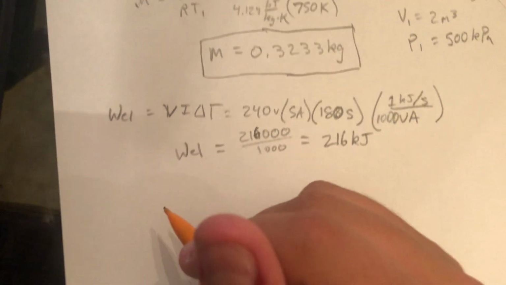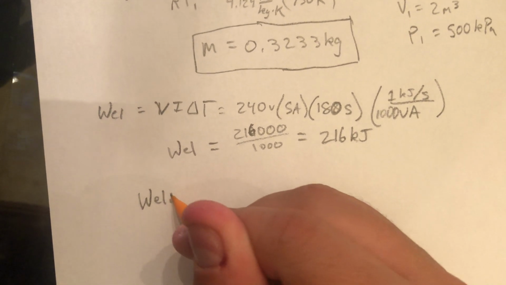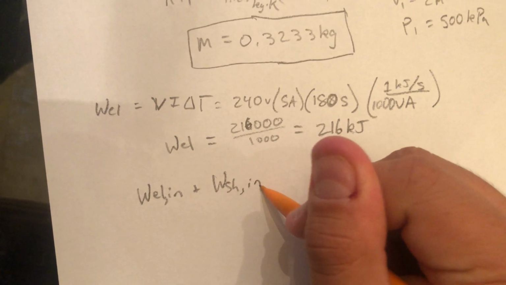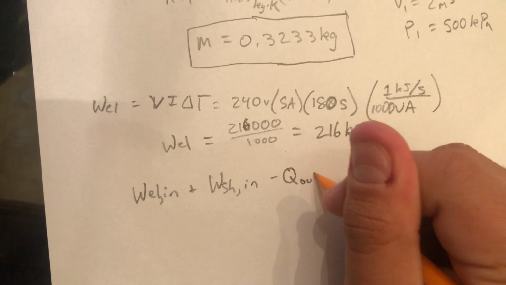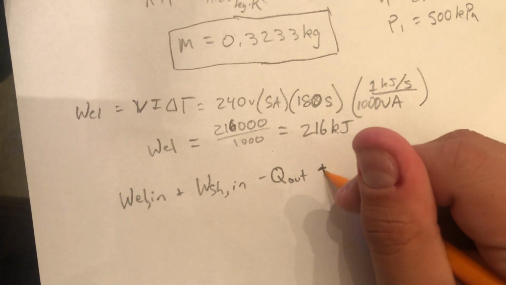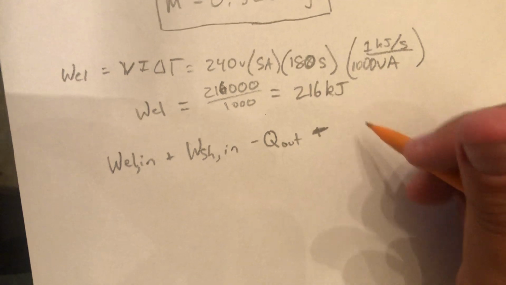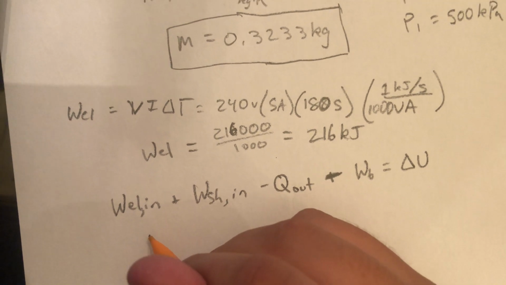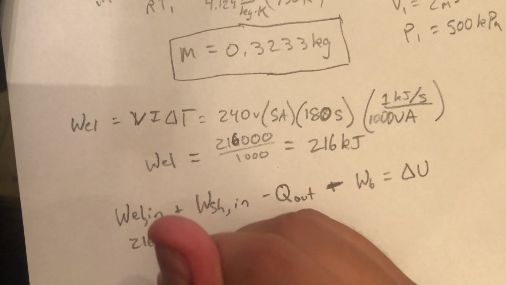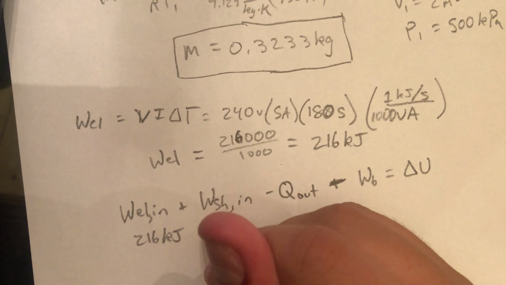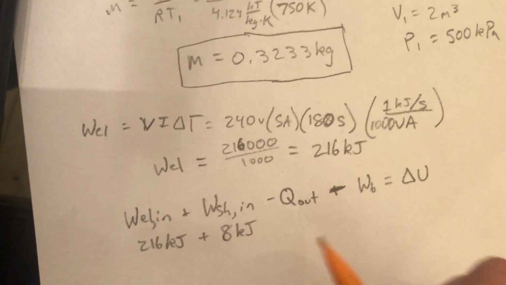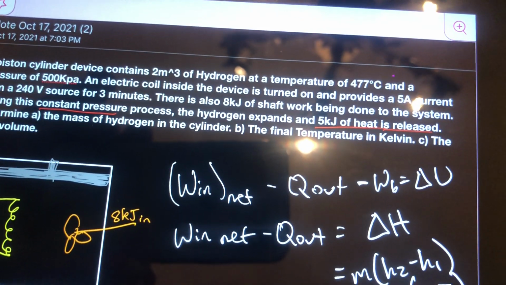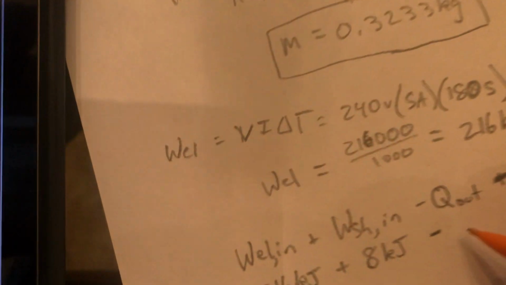Now, for our energy balance, work electric in plus work shaft in minus Q out minus boundary work is equal to change in energy. Work electric in is 216 kilojoules. Work shaft in is 8 kilojoules. And heat out was 5 kilojoules.